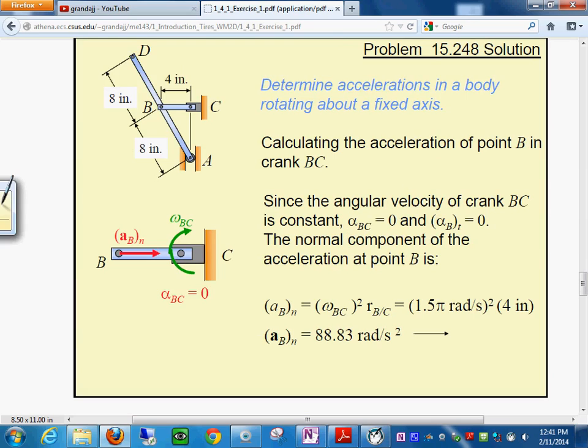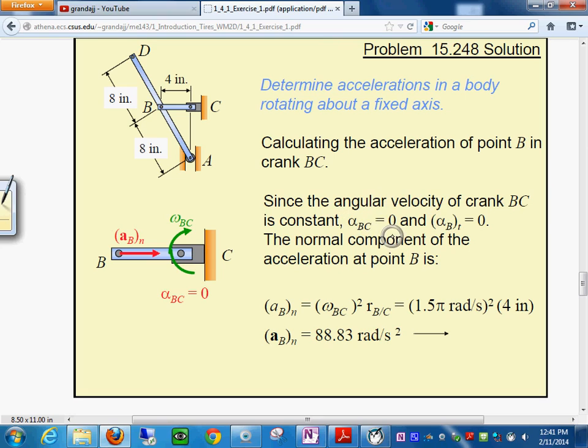So in this case, the acceleration of the point B is the acceleration of C plus the relative acceleration of B with respect to C. So in this case, the angular velocity is BC.